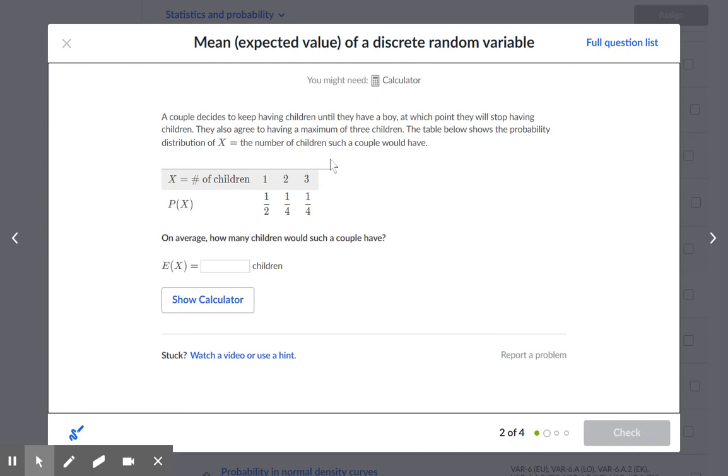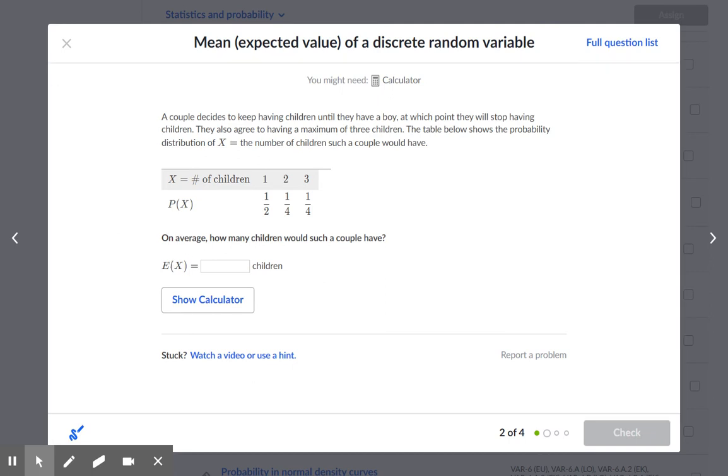They gave you the values of 1 child, 2 children, 3 children, and then the probability associated with each. On average, how many children would such a couple have? Expected value. So again, go to stat, edit. Since there are only three values, I don't need to clear my data, I just overwrite them. I put in 1, enter, 2, and 3, enter.